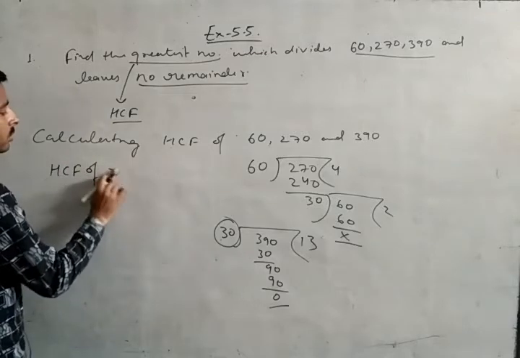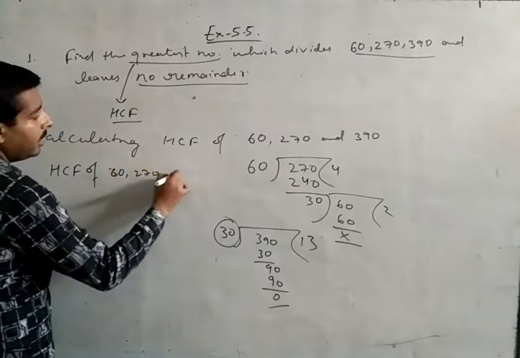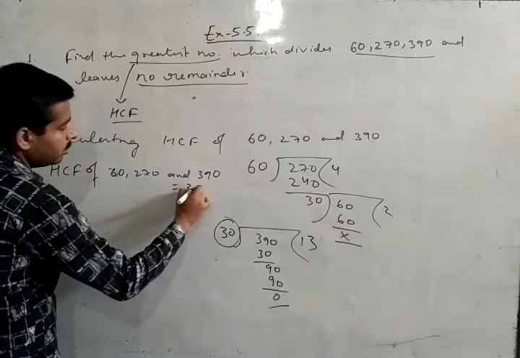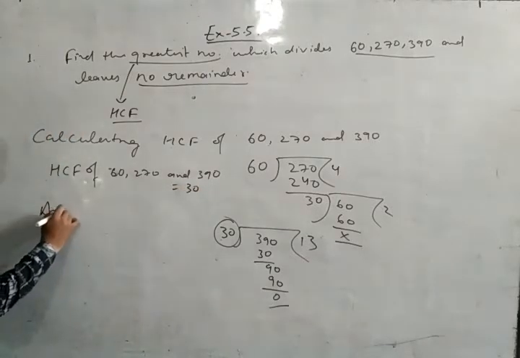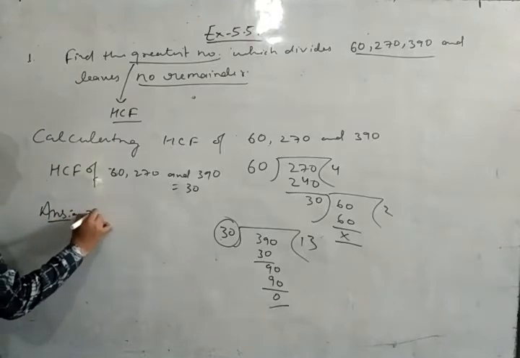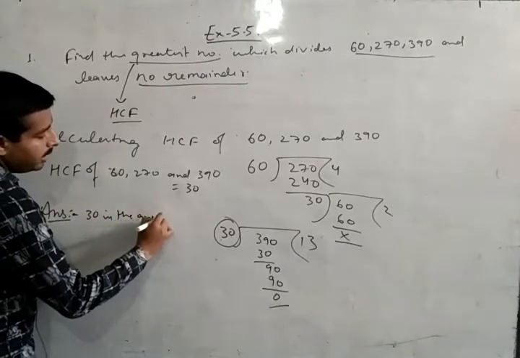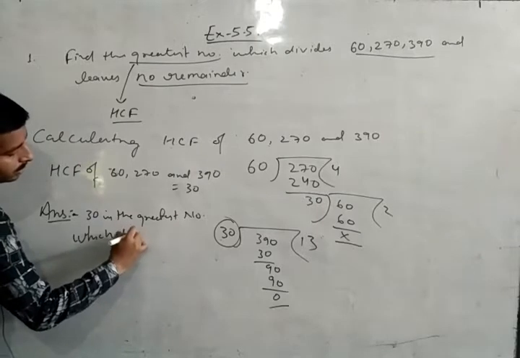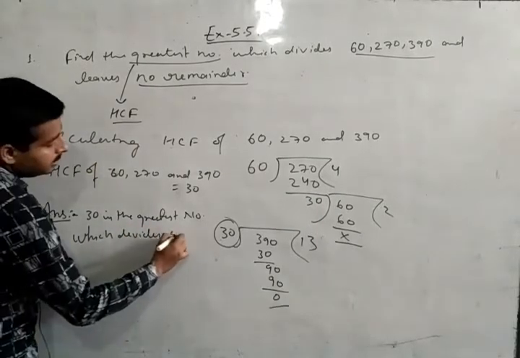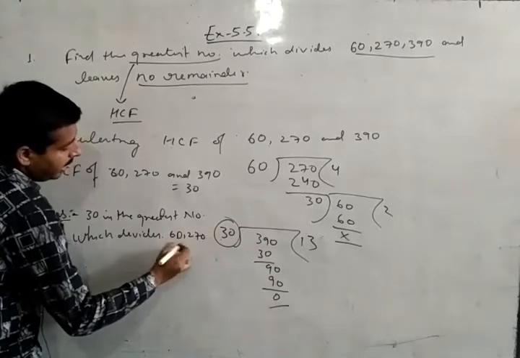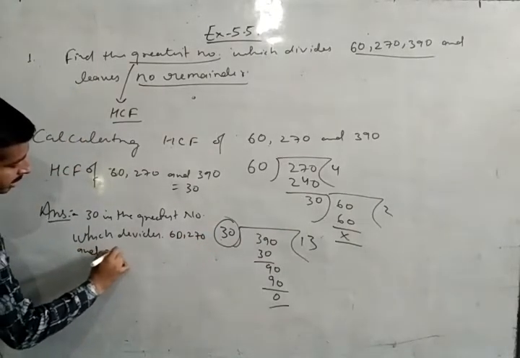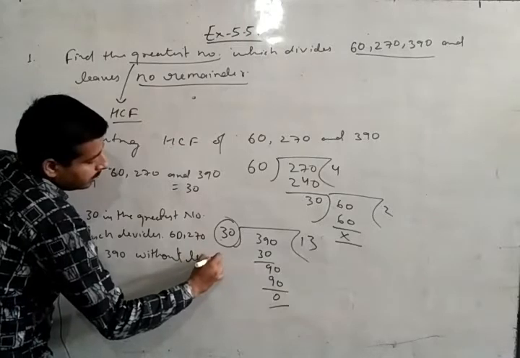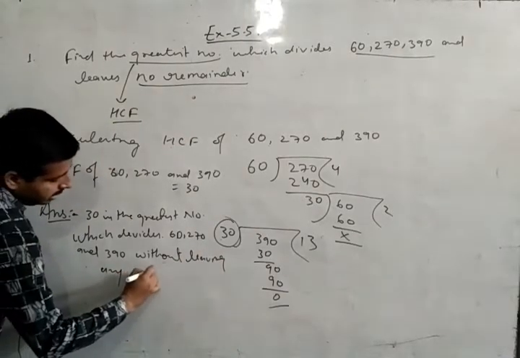of 60, 270 and 390, equals 30. Means the answer is 30 is the greatest number which divides 60, 270 and 390 without leaving any remainder.